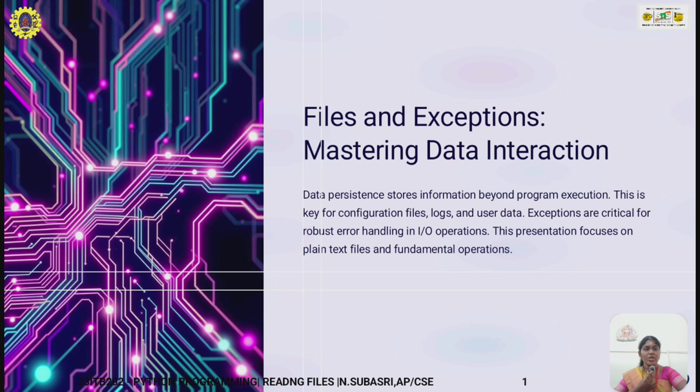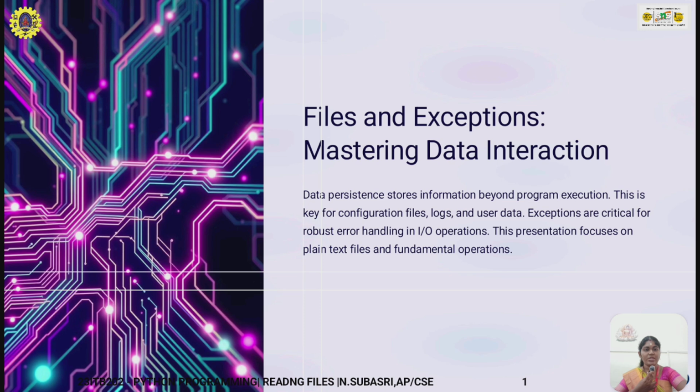First of all, with data persistence, we store information beyond the program execution. This helps with configuration, logging, and storing the user's data in files in the storage which we have.